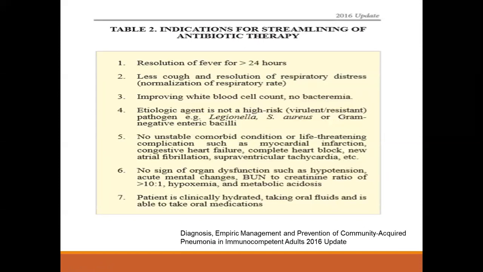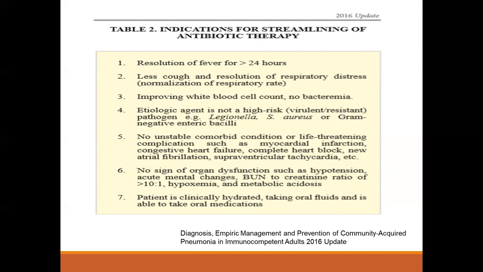This table shows us the indications for streamlining of therapy. When you have resolution of fever for more than 24 hours, your patient now has less cough and resolution of respiratory distress. There is an improving white blood cell count. The etiologic agent is not high risk.